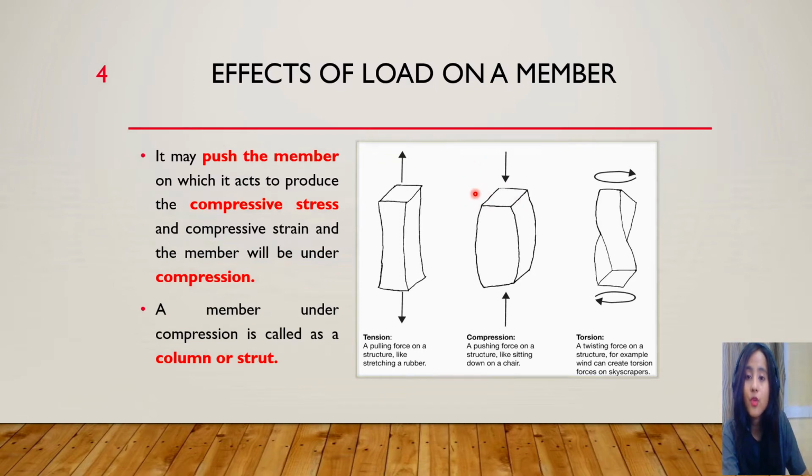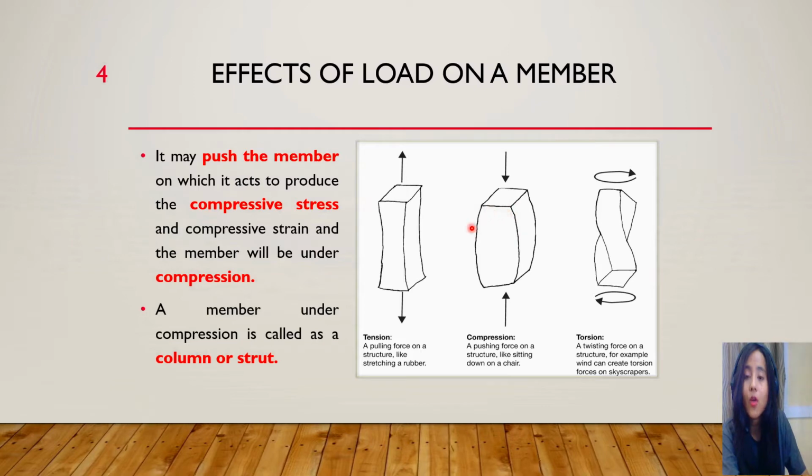The slab from the top acts as a roof, and the floor at the bottom is also a slab. So the column will be sandwiched between these two slabs, and from both slabs there will be a force acting, pushing the column inward.